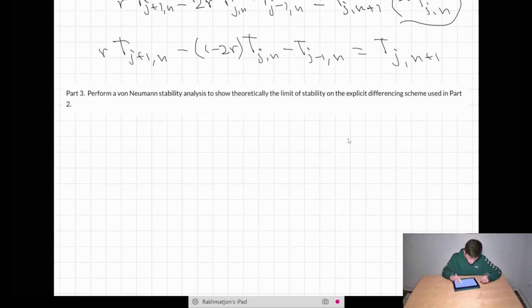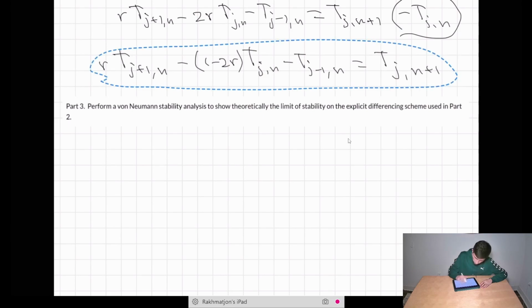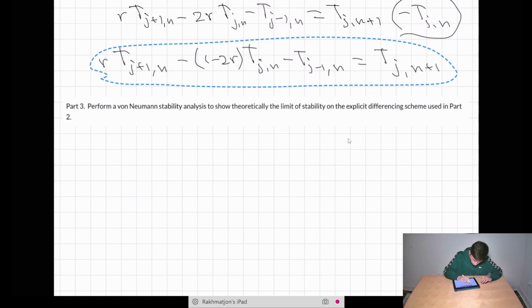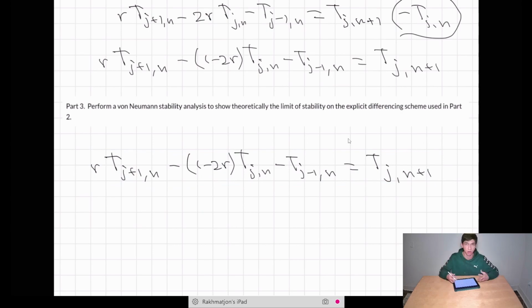Okay, so here I have the equations from the last part where we derived the temperature at a specific point at time n plus 1. This is an equation that represents the temperature of a specific point at t equal to n plus 1 with respect to other things.